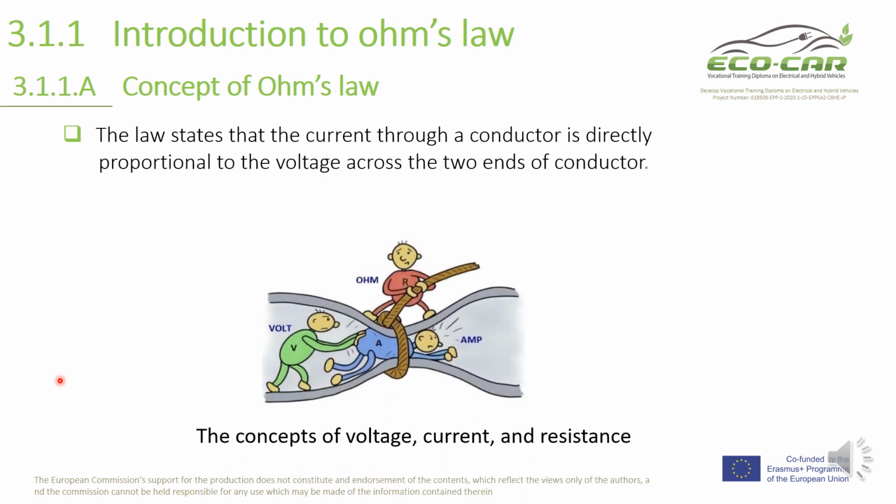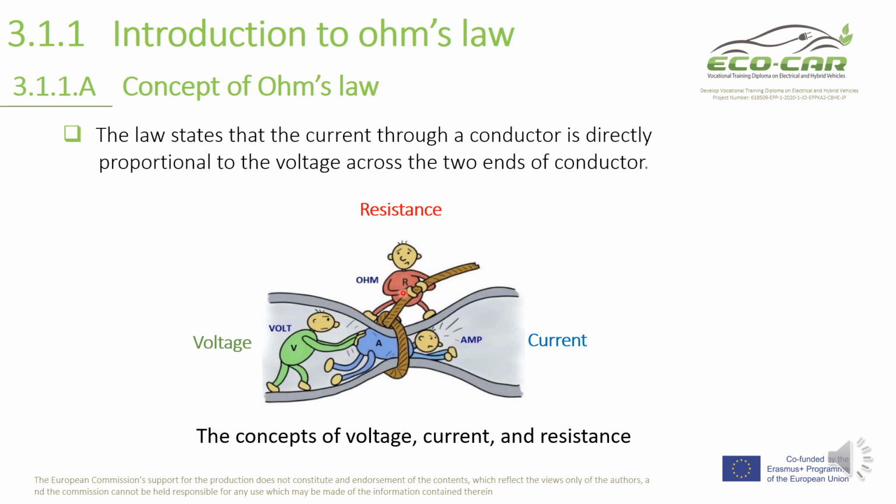This shows the concept of voltage, current, and resistance. This is the voltage, this is the current, this is the resistance, and this is the current. So this shows more voltage, more flow, more strength for this person to go through this conductor or pipe.